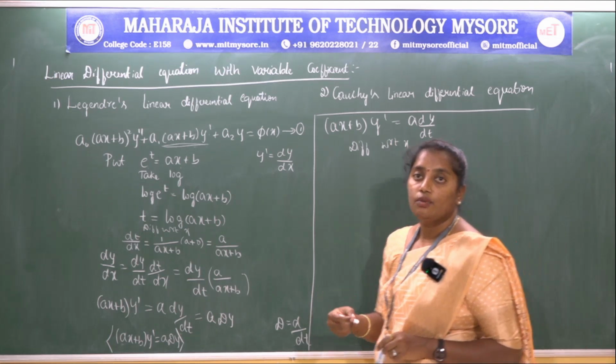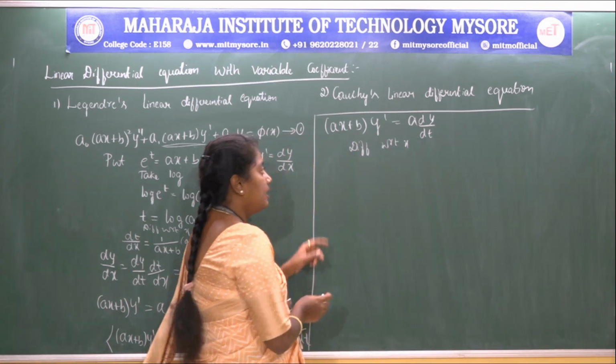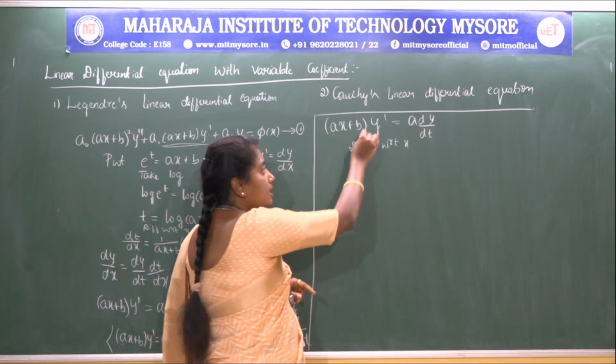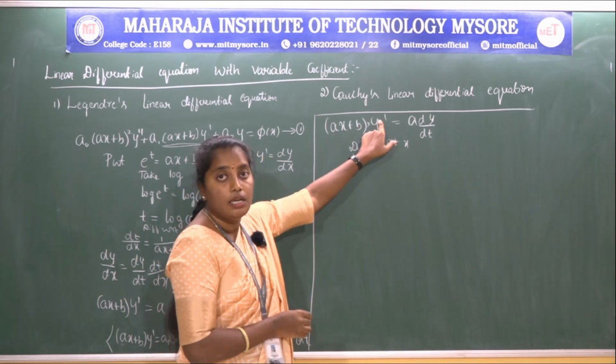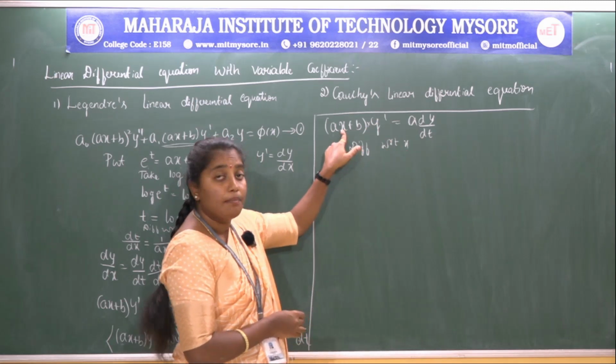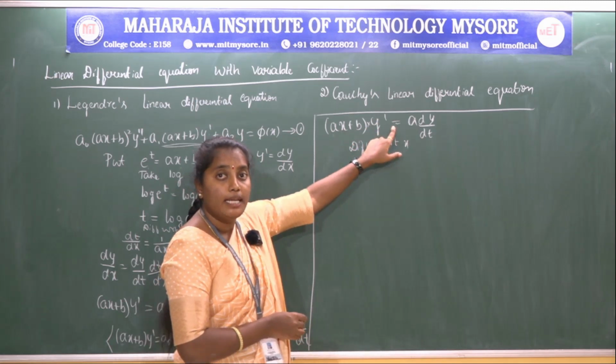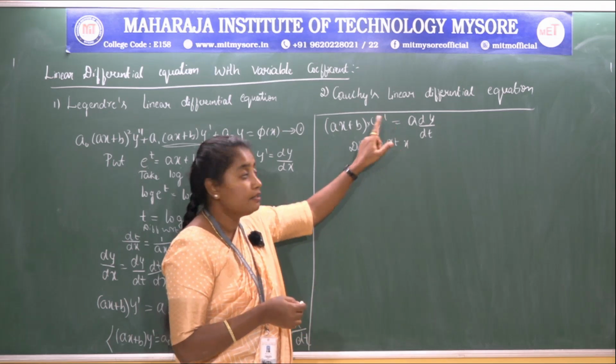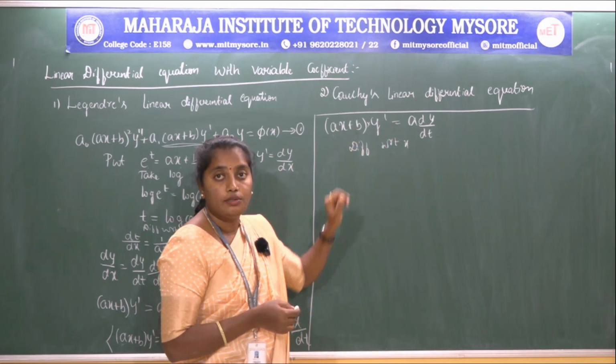On differentiating one more time, we have (ax plus b) into y dash. Here both terms contain the x variable, with y dash being dy by dx. That means we have to apply the product rule here.